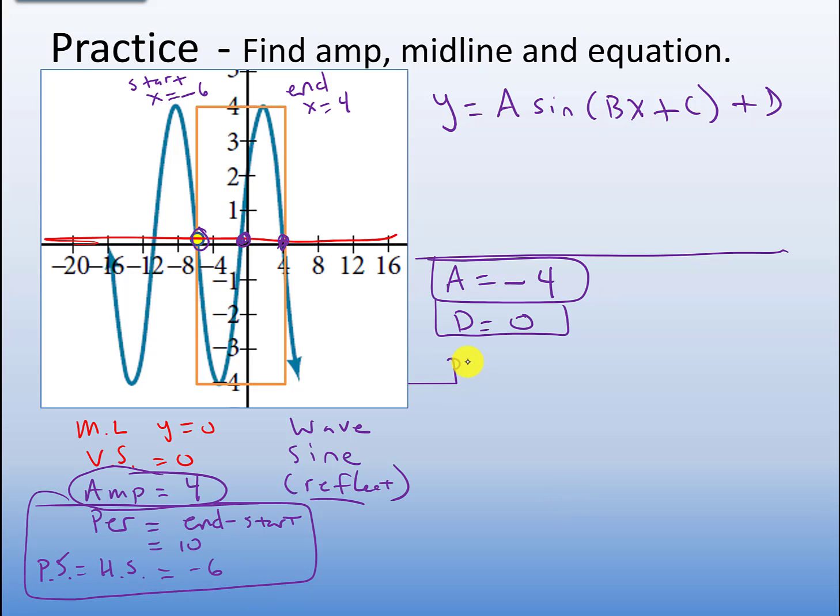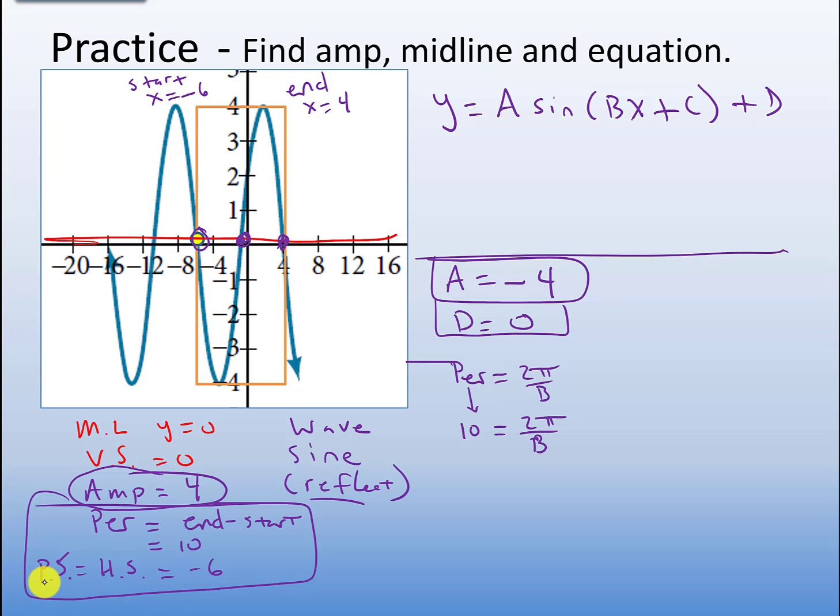So I do know period. Period equals 2 pi over B. And in my box, I can see the period is 10. And the formula says that 10 has to be equal to 2 pi over B. So here's what I meant by doing a little bit of work. I don't know what B is yet.